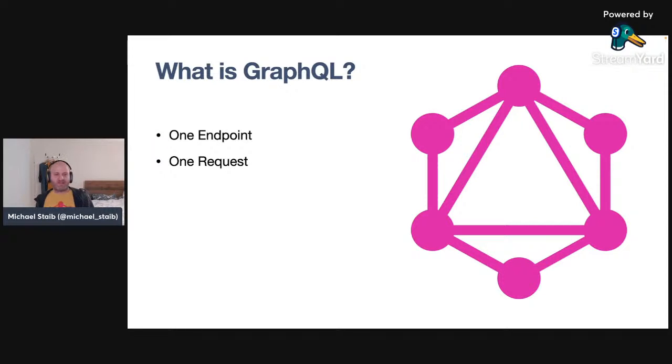So we can fetch everything that we need in a certain component, in a certain use case, or at one specific point in time in one request, saving on round trips. And most importantly, we never over or under fetch because we tell the server exactly what we need and the server can gather it together.